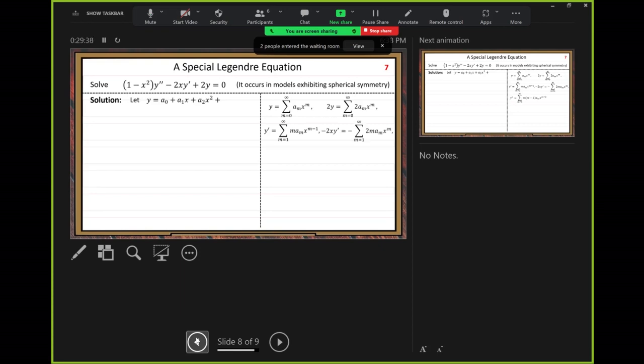And then you multiply the variable coefficient minus 2x, so you get that summation. Double prime, this summation.